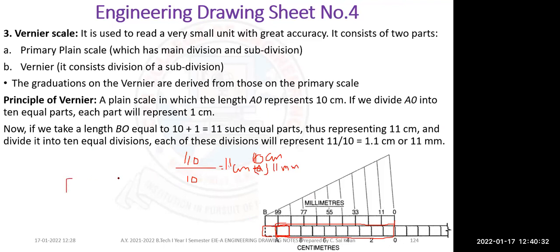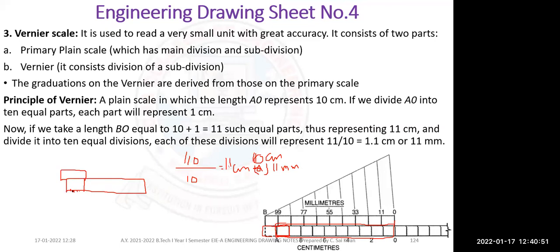So I'm explaining, one second. So this is your plain scale. On the plain scale, this is my 10 centimeter line, and this 10 centimeter line is divided into 10 equal parts. I will add one more part here, measuring this distance and transferring the same distance.